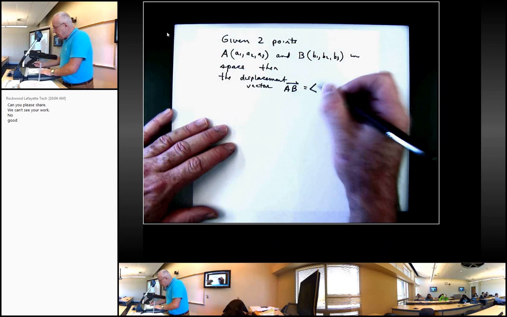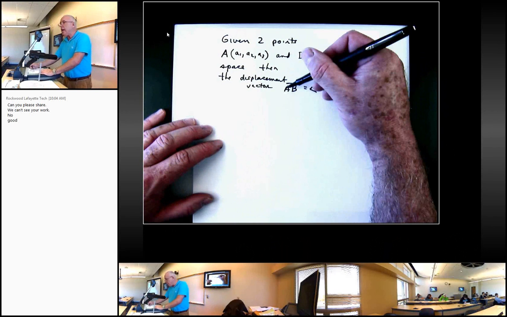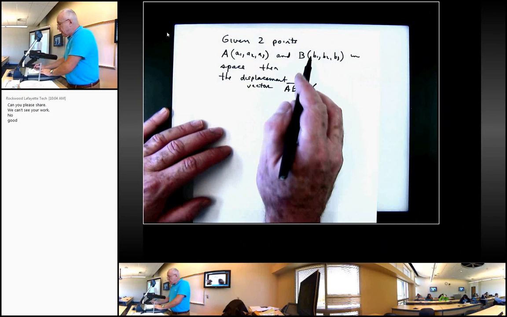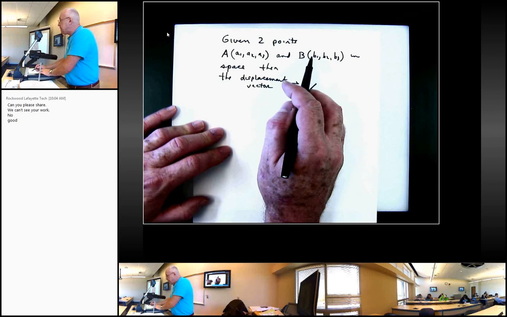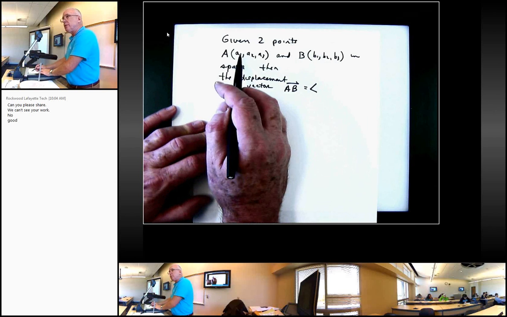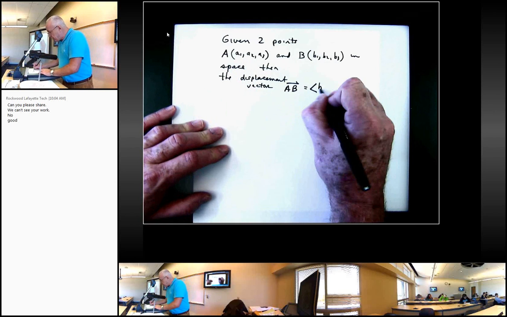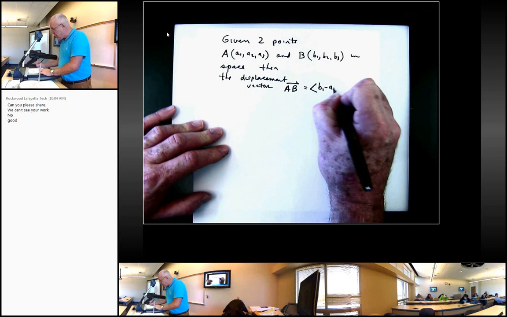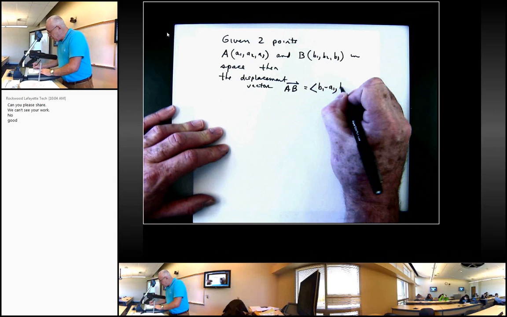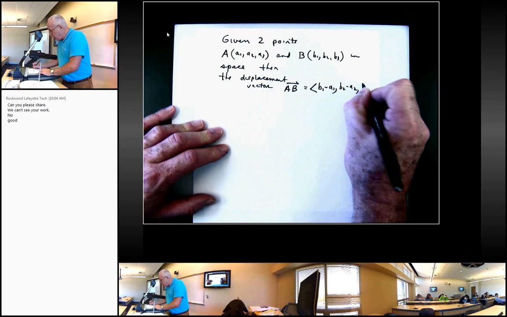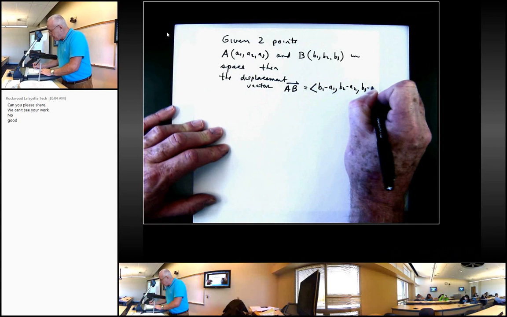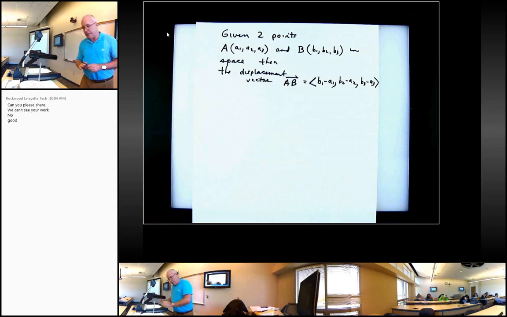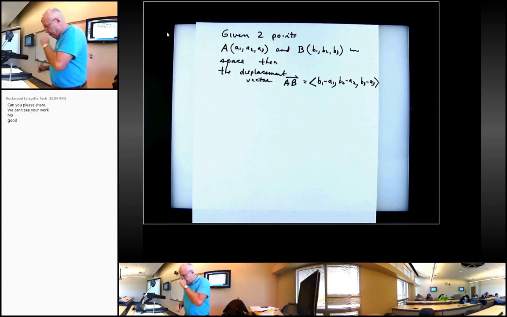It starts at A and ends at B, so we take the components of B and subtract from them the components of A. The first component is B1 minus A1, the second component B2 minus A2, the third component B3 minus A3, and they'll be in those angled brackets.